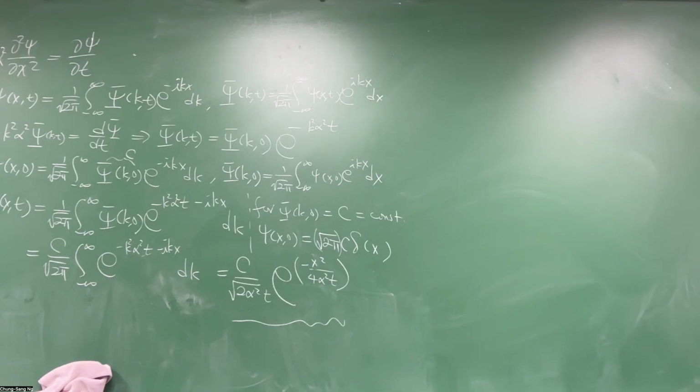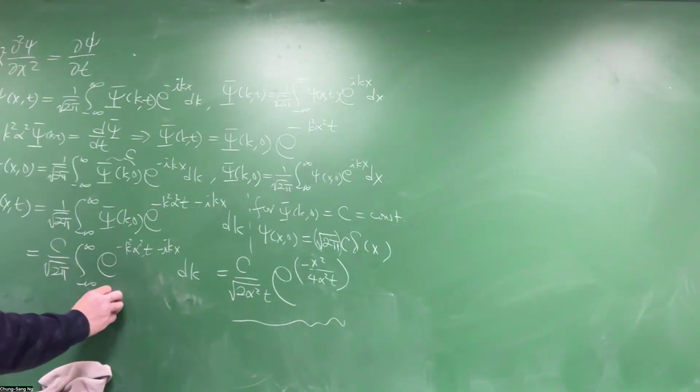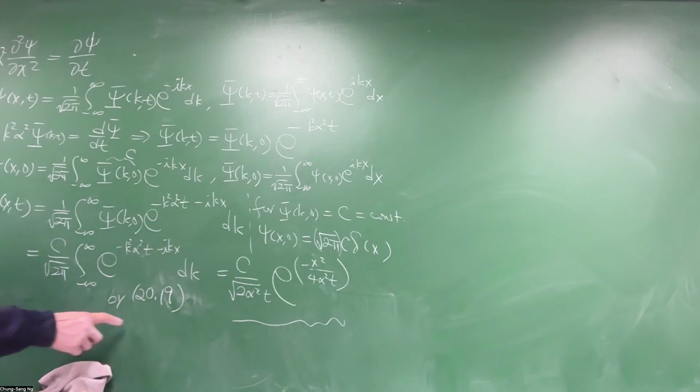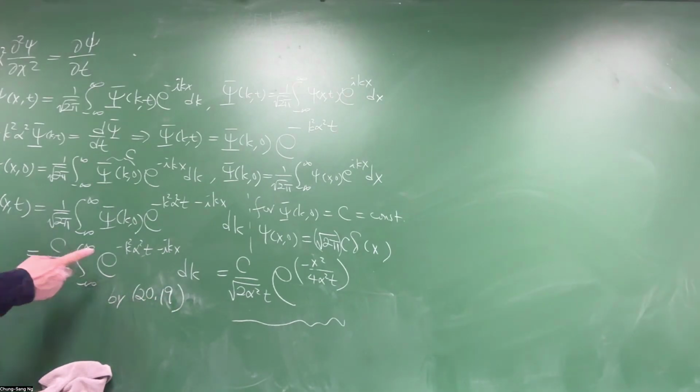This is one of the examples of Fourier transform. Let me write down the equation number. This is equation 20.19, which gives you the transform. That example is for the Fourier transform. This is the inverse transform, so it's just changing the variable. Doesn't matter.